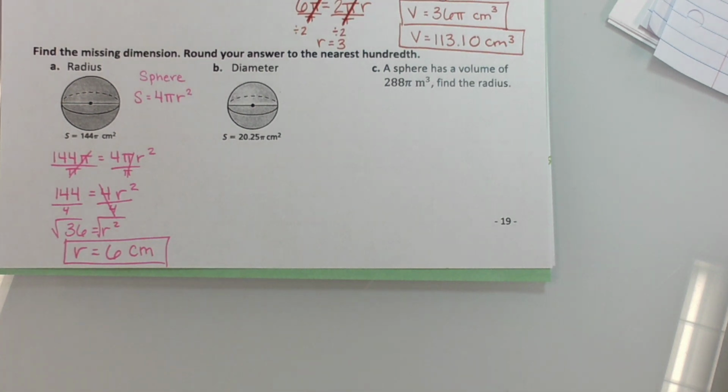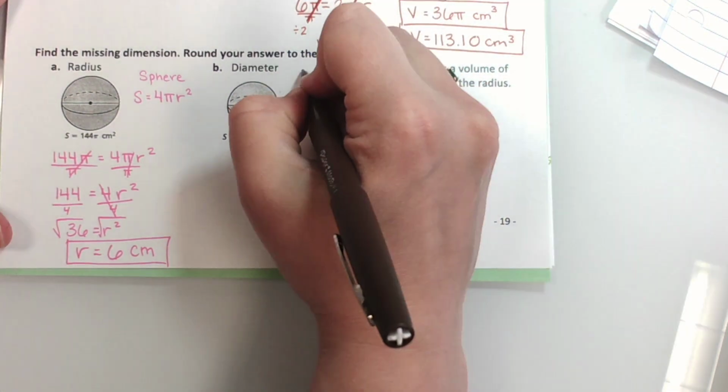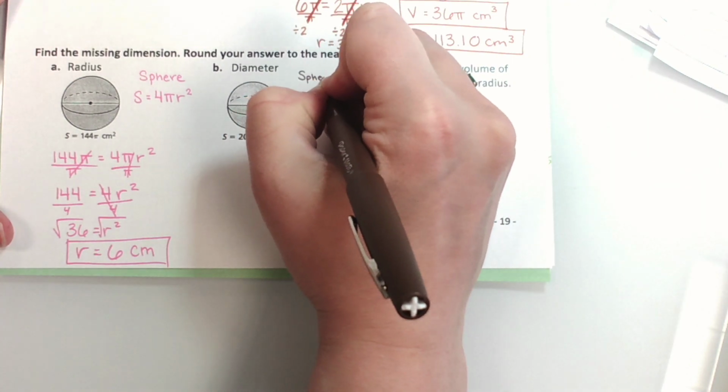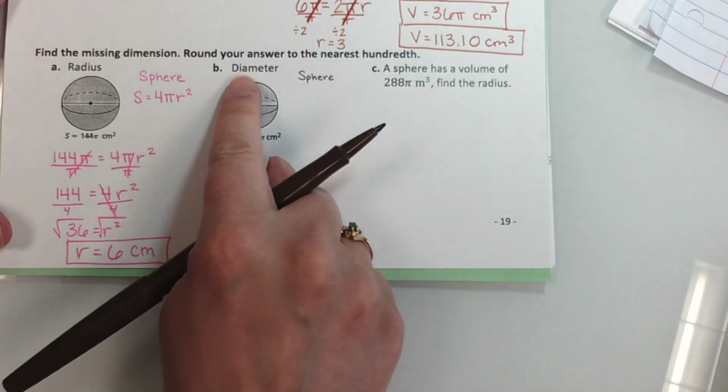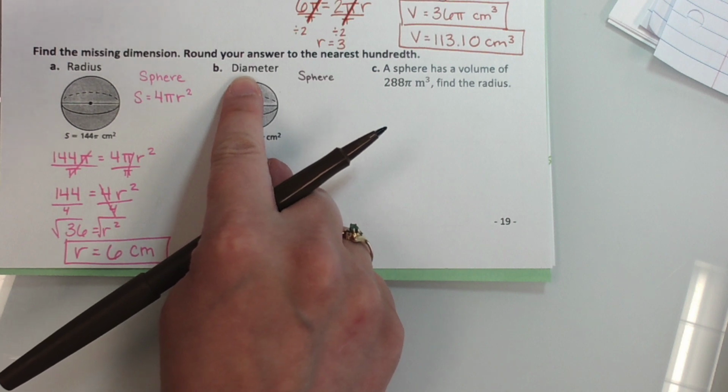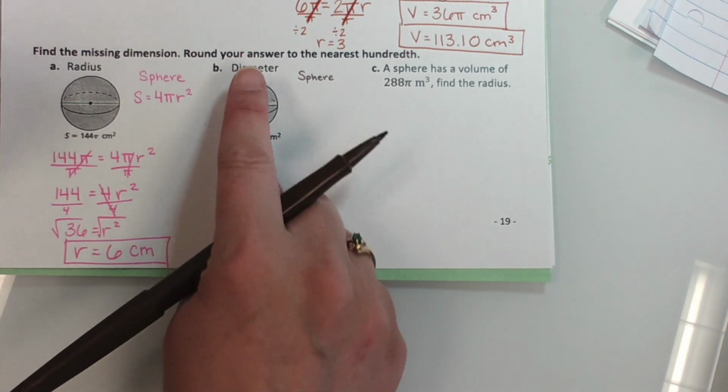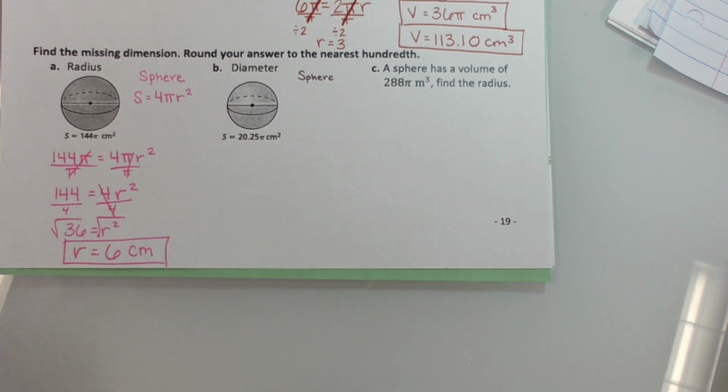Okay. Next example. What shape? Sphere. What did I give you? Surface area. Now I want diameter. Do I have a formula that connects a sphere's surface area to its diameter? No. I have one formula for surface area, so that's the one I'm using regardless of whether it's going to get me to the correct thing or not.